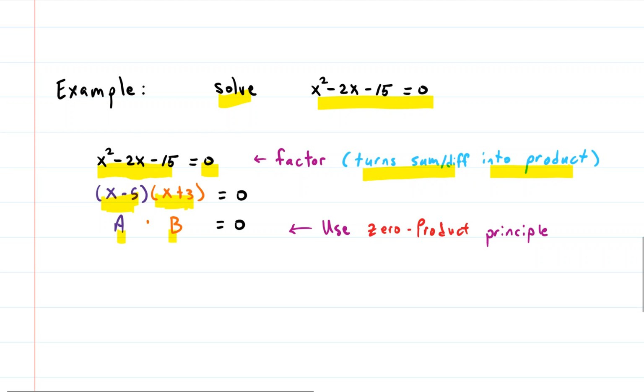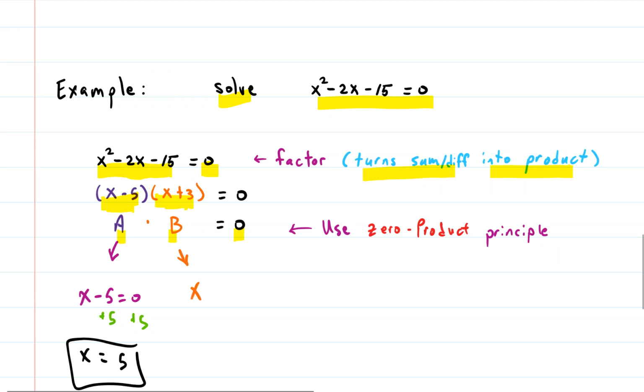So we've got A times B equals 0. What does the zero product principle tell us? It tells us either the first thing is 0. So either x minus 5 equals 0, and if we add 5 to both sides, we get x equals 5. Or what's the other option?